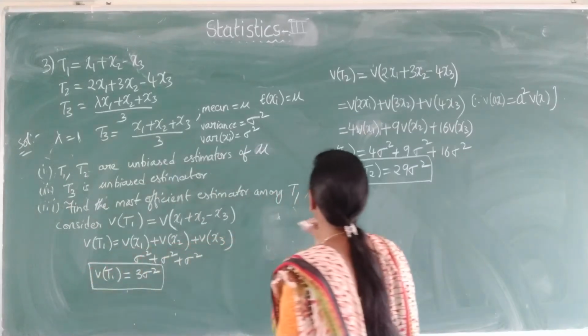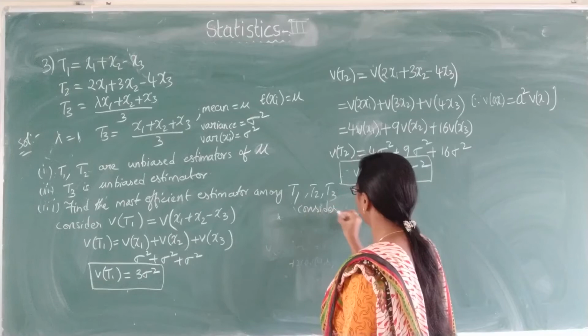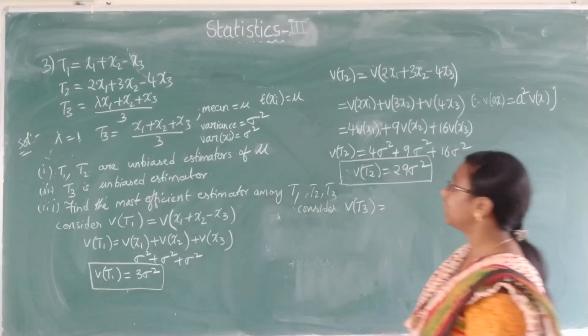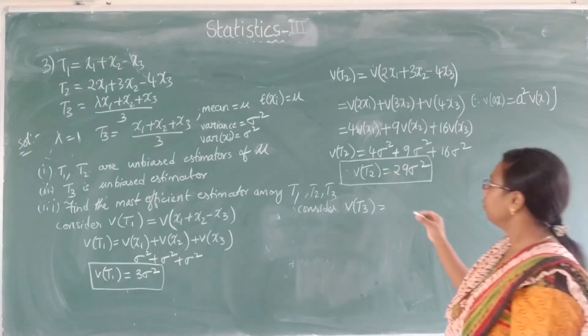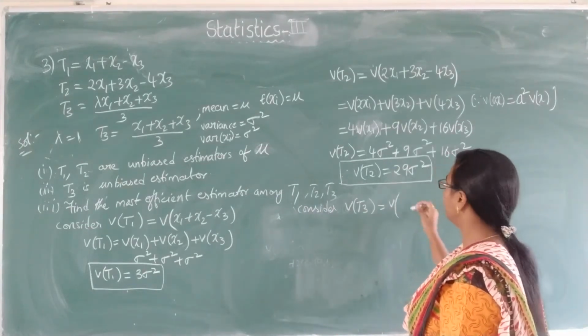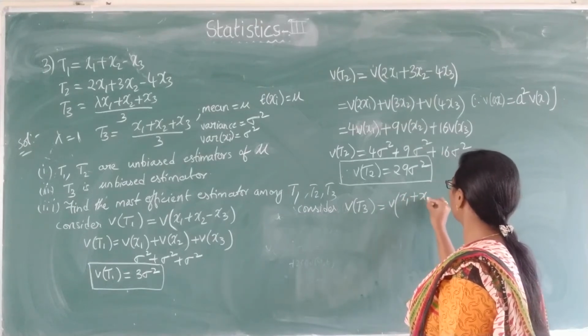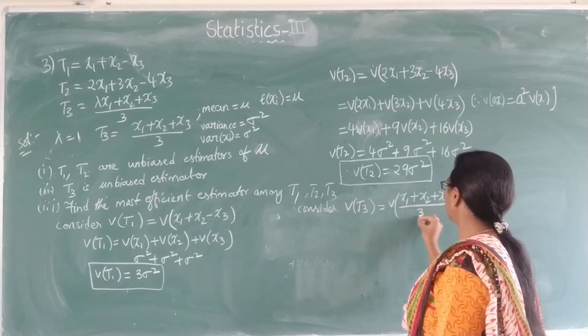So now consider variance of T3. What is variance of T3? Substitute the T3 value: variance of x1 plus x2 plus x3 divided by 3.